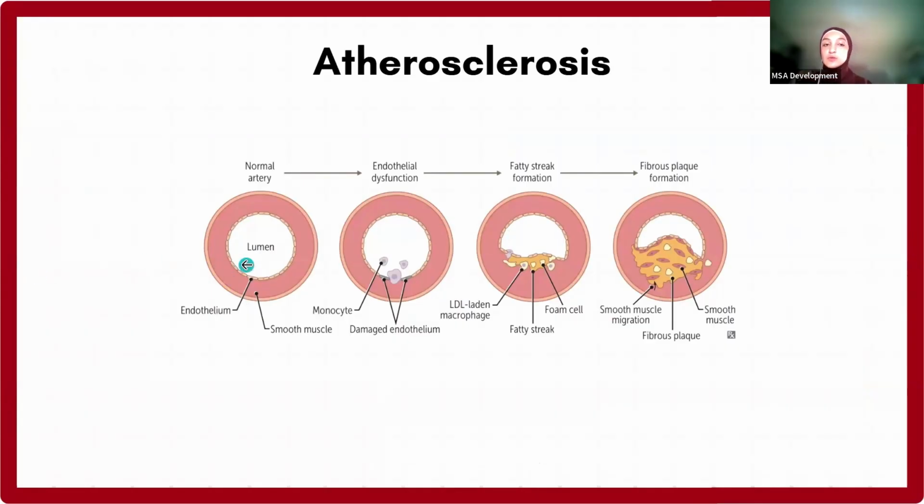All of this will lead to endothelial damage, and due to the chronicity of it, it's going to lead to endothelial dysfunction. When there's so much endothelial dysfunction, monocytes and lymphocytes will start to get recruited into the arterial wall. It's going to start to form fatty streaks, and lastly, fibrous plaque formation. We're going to get into the details of that in a little bit, but just keep this in mind. This is just a quick rundown.